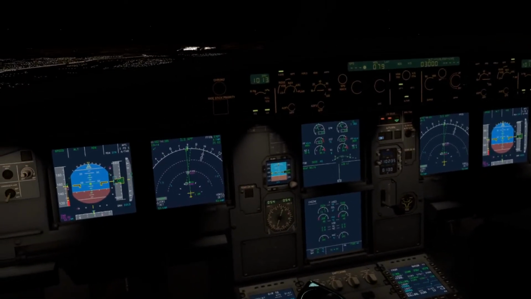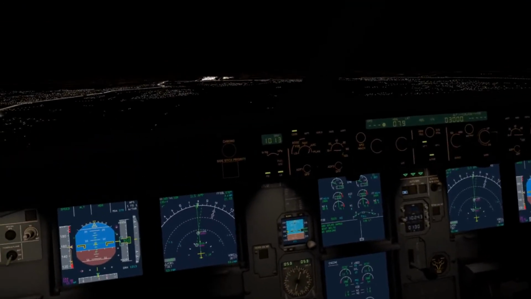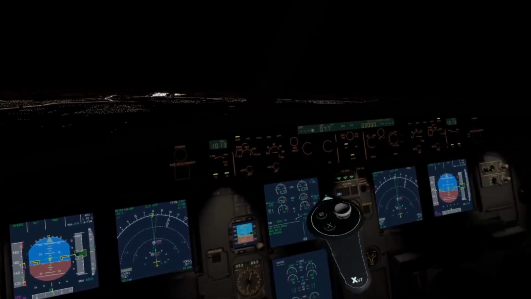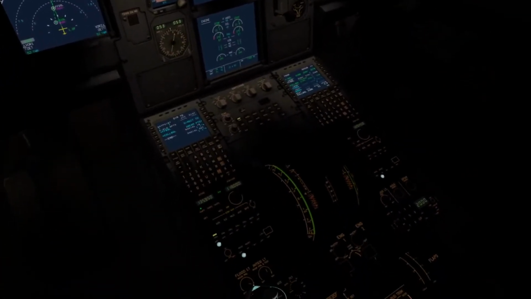Flaps full. Already off. Alright, check landing lights on, checked.